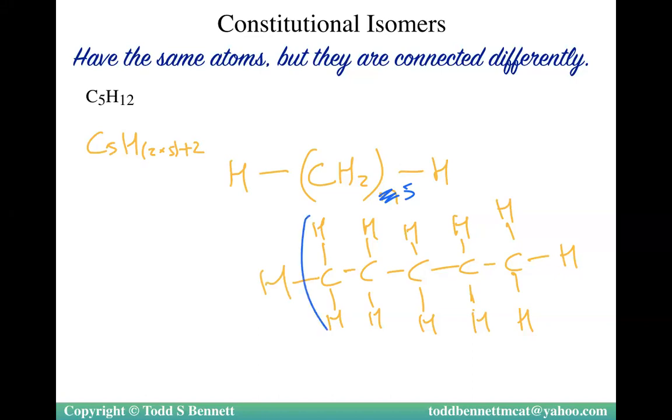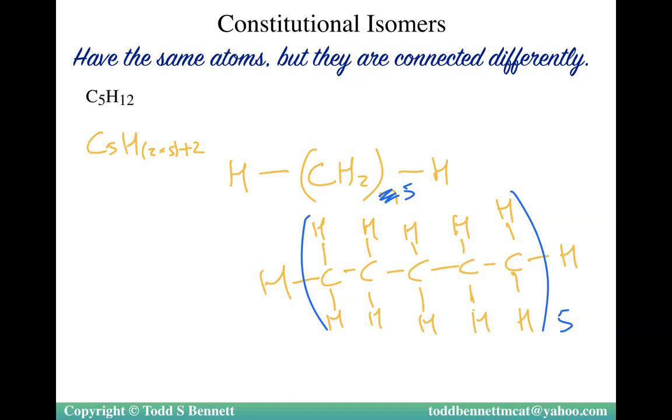So this would be H, CH2 five times, H. So again, this is C5H(10+2), which is C5H12, a fully saturated compound. Whenever I say the word saturated, I want you to just reflexively say with hydrogen. So it has the maximum number of hydrogens you can have.